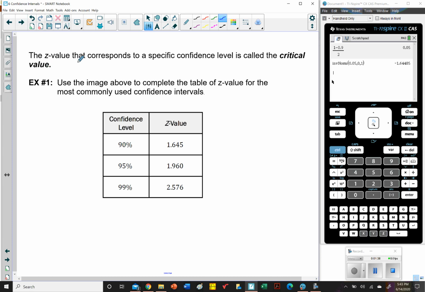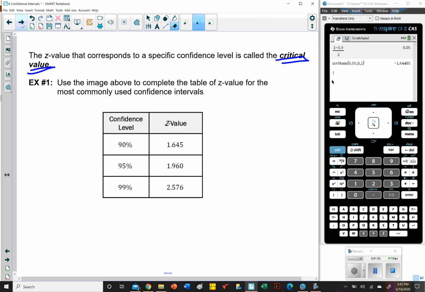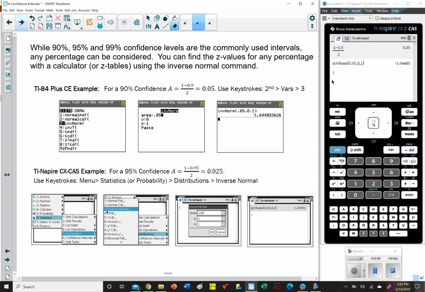That's called the z-value. It corresponds to a specific confidence level, and it's called the critical value. So you can see from our chart that these values were already placed in there for us. But you could use any confidence interval, and if you needed to calculate one, we need to know a formula or a method for doing that.